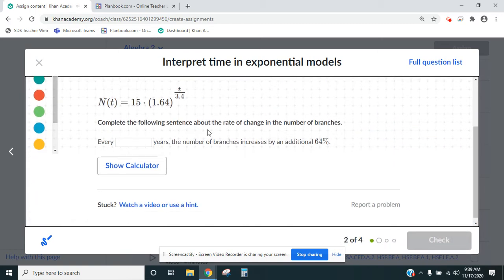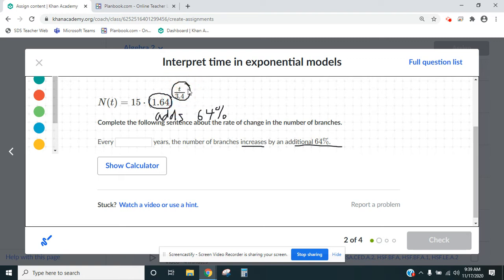Okay, so here's another one. Complete the following sentence about the rate of change in the number of branches. Every how many years the number of branches increases by an additional 64%? 3.4, yeah. And we would say that because this means adds 64%. That's exactly what that means. How often does it happen?